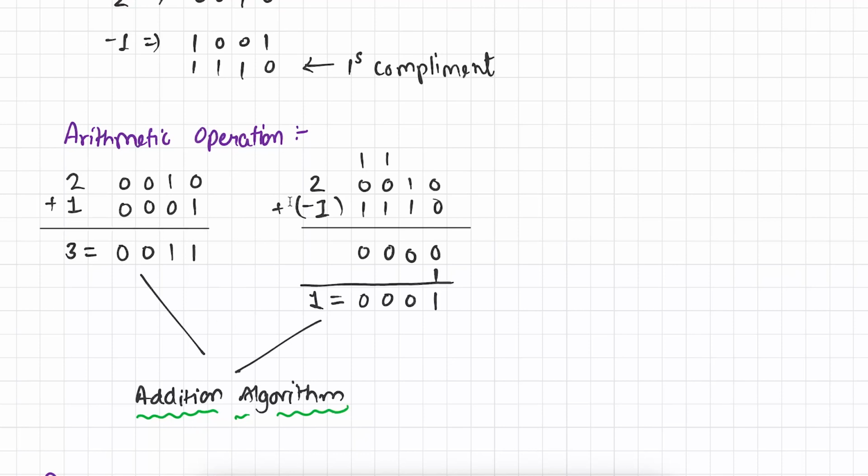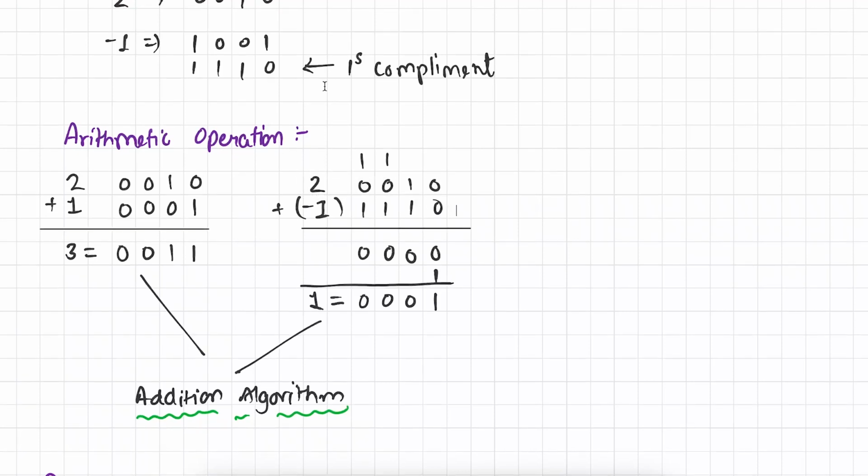We simply use the addition algorithm to find the result. How? Let's see. This is the binary representation of 2 and for the negative number we have already calculated the 1's complement, and its value is 1, 1, 1, 0. Now we simply apply the addition algorithm. After applying it, we get 0 plus 0, 0, 1 plus 1, 0 carry forward 1, 1 plus 1, 0 carry forward 1, and 1 plus 1, 0.